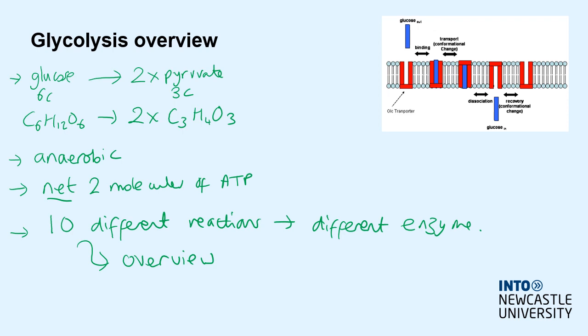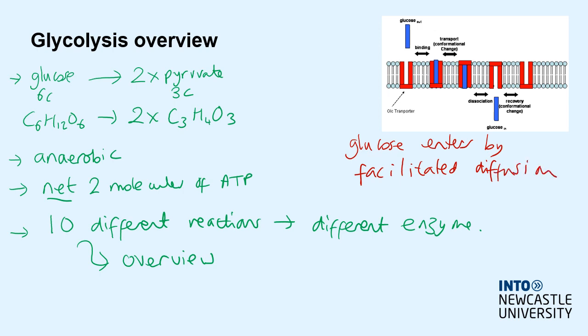The last thing to think about in glycolysis is we said that we're going to break down glucose. The glucose needs to get into the cell. If you remember, glucose enters a cell by facilitated diffusion, so passively facilitated diffusion down its concentration gradient through the GLUT1 carrier protein, which we met in semester 1.